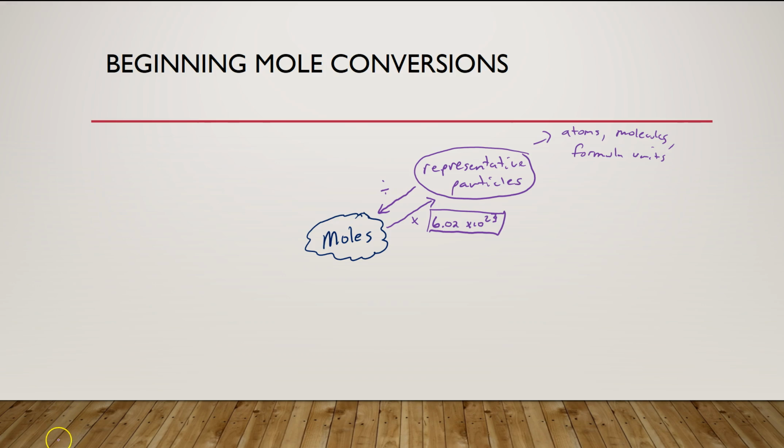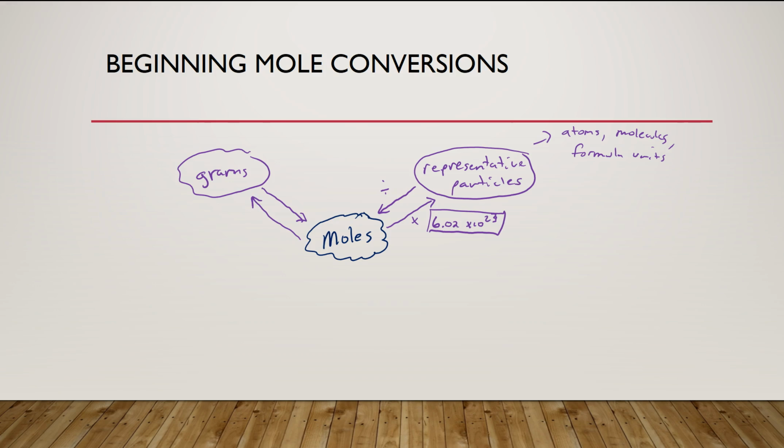Now, another way you're often going to be asked to do this is if you're given a certain number of grams. If I have a certain number of grams, I can again convert into moles or out of moles fairly easily.